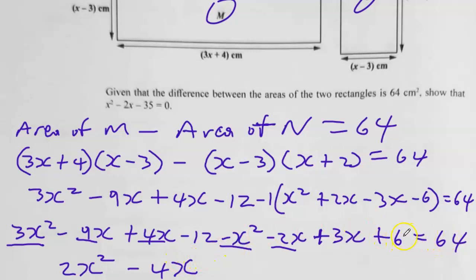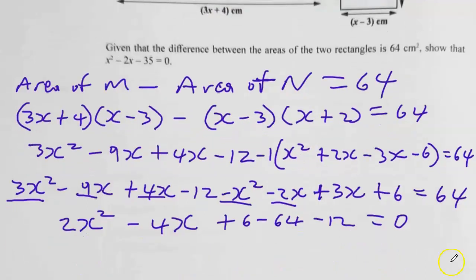I could group the 64 over here, so that would be 6 minus 64. Oh, there's a minus 12 also here, so that minus 12 equals 0. So this becomes 2x squared minus 4x, and the constants: minus 76, plus 6 is minus 70.